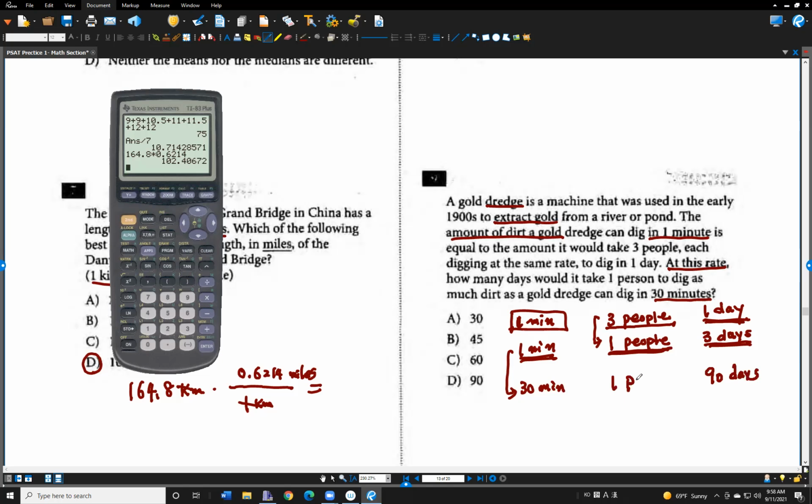Choice D is the answer. We have 2 steps here: first we change the number of people, the next one we change the time.